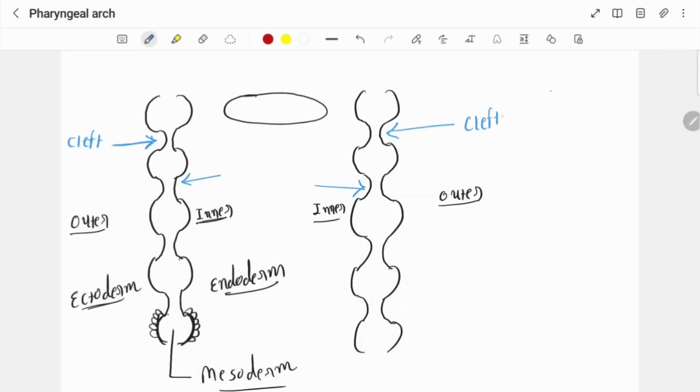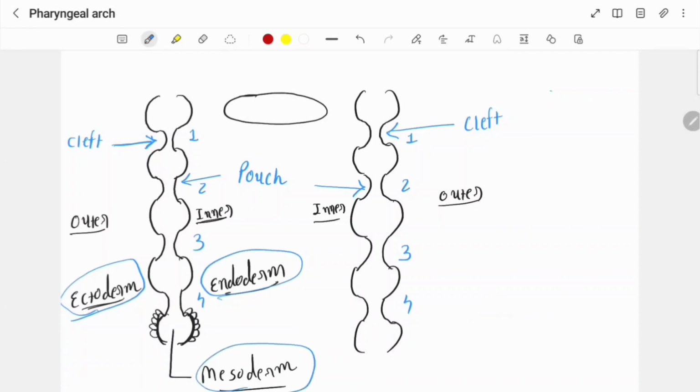If it is present on the inner side, then it is called a pouch. So this will be your first pharyngeal cleft, second, third and fourth. And pouches are like first pharyngeal pouch, second, third and fourth. Clear? Again I am telling you, please remember these terminologies of ectoderm, endoderm and mesoderm, because our structures are going to develop from these only.